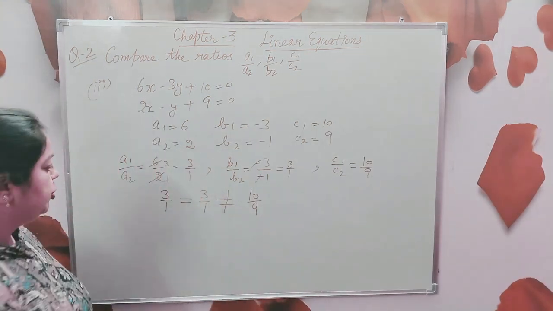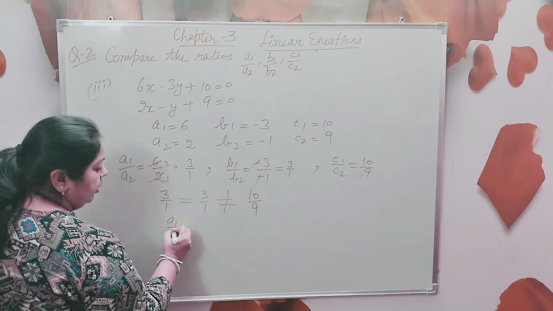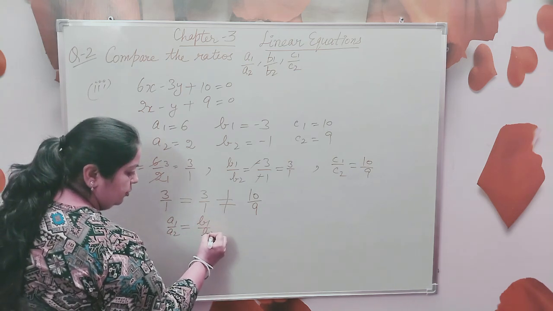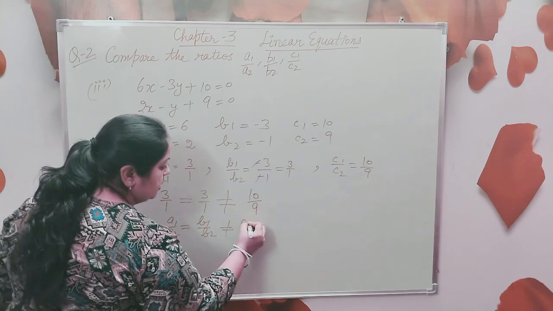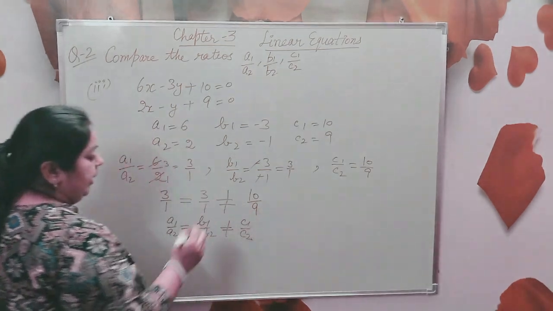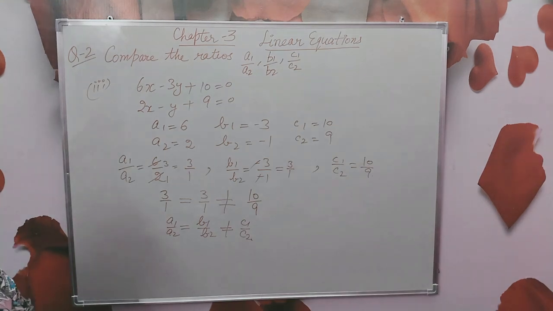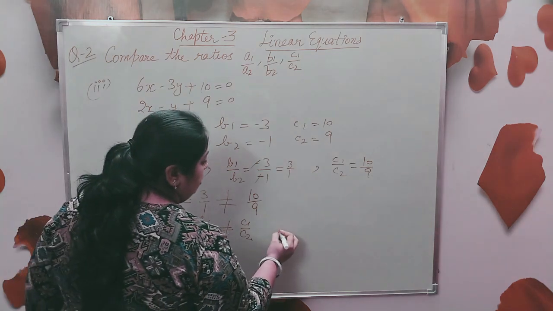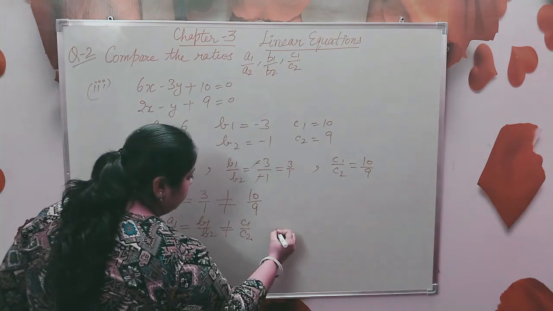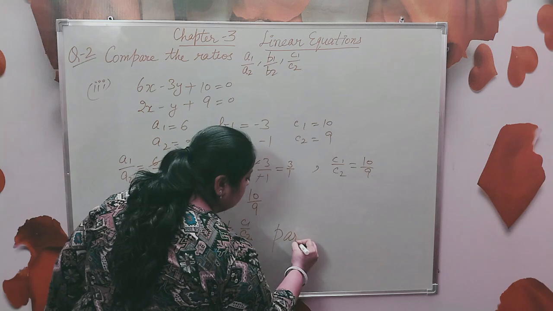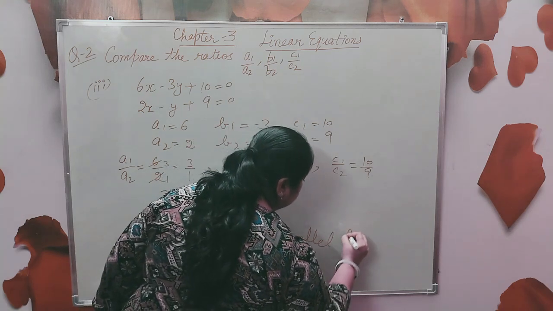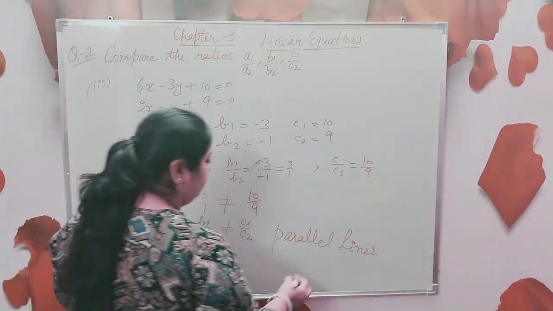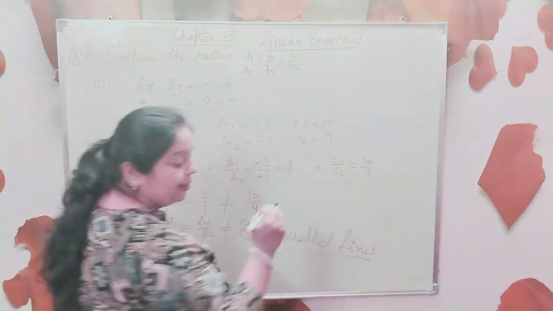In this situation, we are having parallel lines. So we write here, in this sum we are having parallel lines.